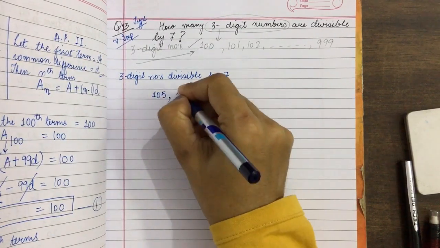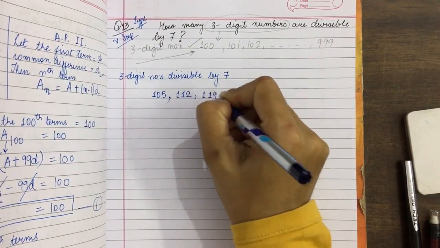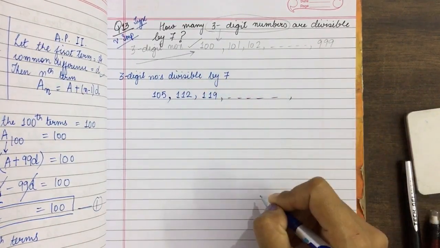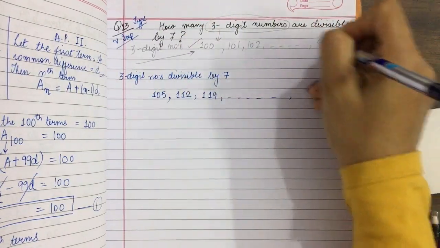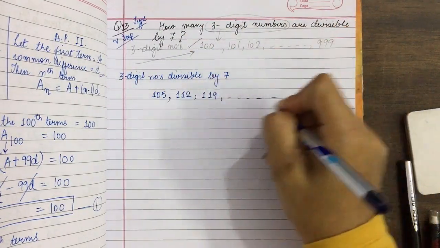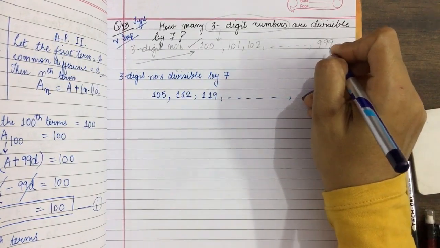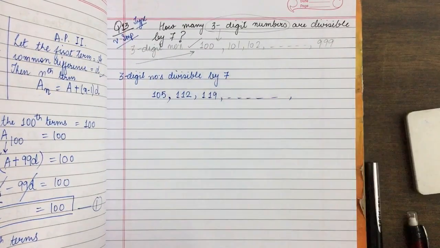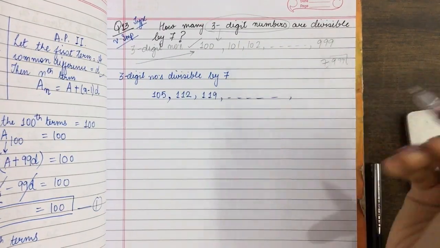After that, the next number that's divisible by 7 is 112, then 119, and so on. You can keep writing, and we want to know which will be the last number in this list that is divisible by 7. So you can start going backwards from here. 999, you can divide it in the working column to check whether or not it's divisible by 7.